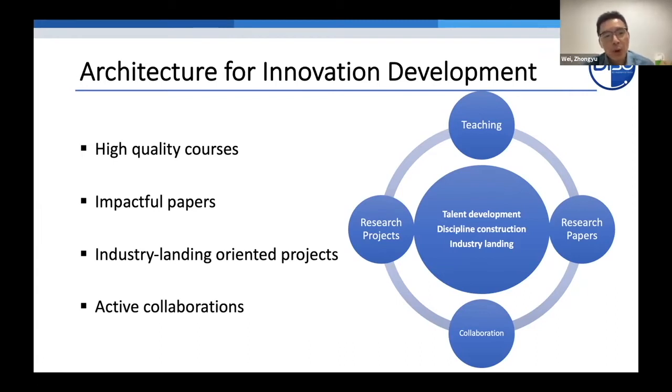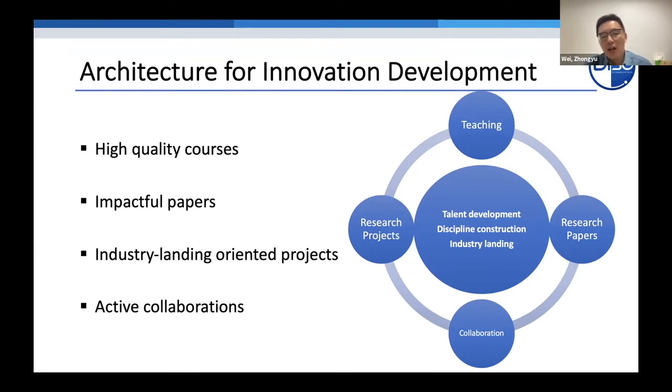Firstly, for teaching, we want to offer high quality courses that deliver cutting edge technologies nowadays, so we can help talent development. And also as a research group, we want to publish impactful papers so that we can have our position in the research community, and also explore more cutting edge research theories and algorithms.